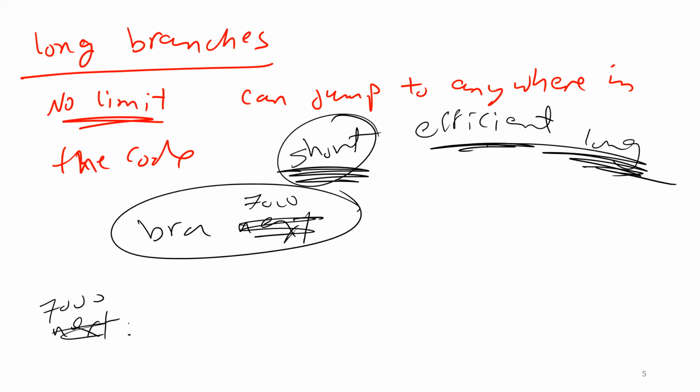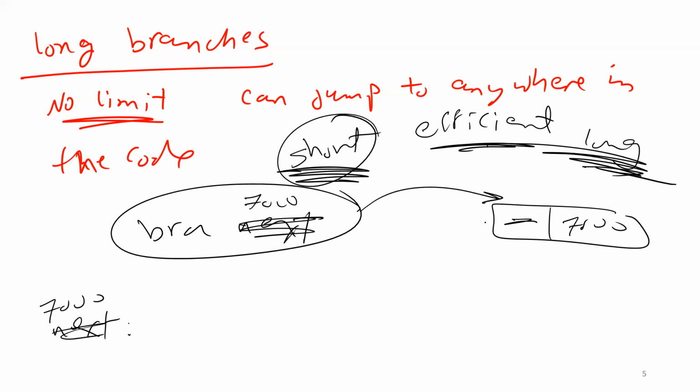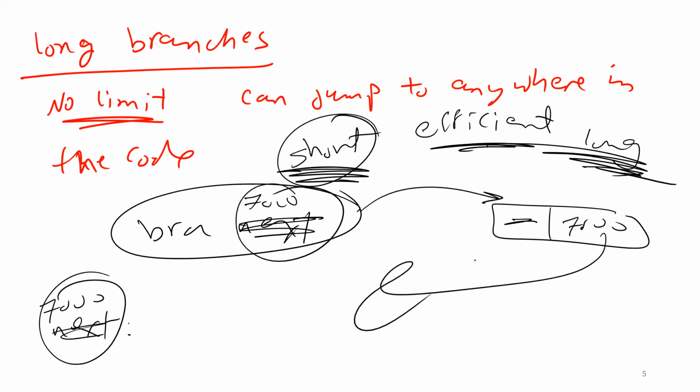Because I have to store the target address as a part of the machine code. When this is converted to machine code, 7,000 should be a part of the instruction. So the machine code is going to be long because you have to store the target address. This is in the case of long. Not only store, you have to read it as well. So I have to read two words as well, right?